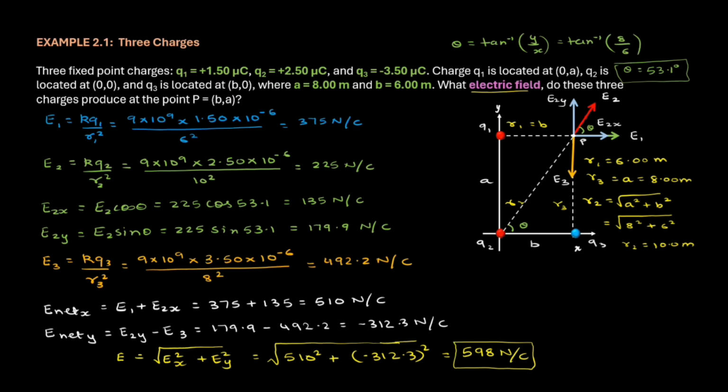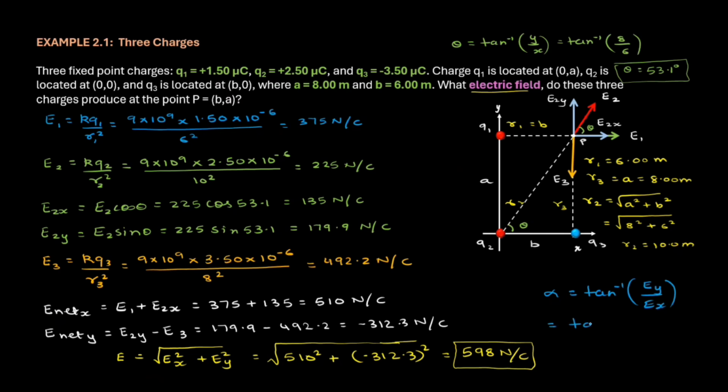We can find the direction of electric field by using tan theta, but instead of calling our angle theta, I will call it alpha, because theta we already used here to find the component of E2. So I will write alpha, which is the angle the resultant makes, to be equal to tan inverse of Ey over Ex. Again, x and y components here are for the resultant.